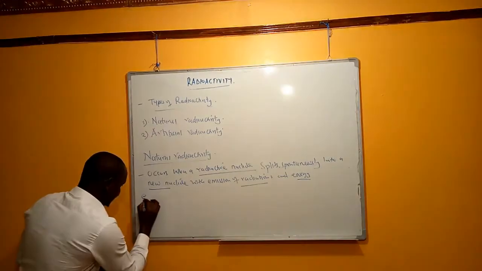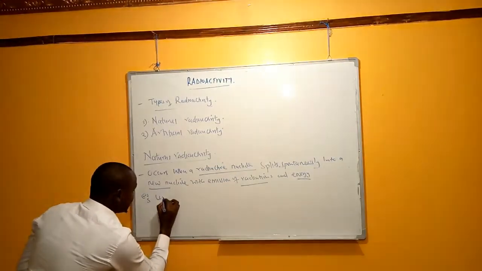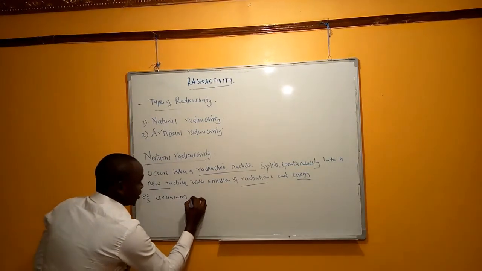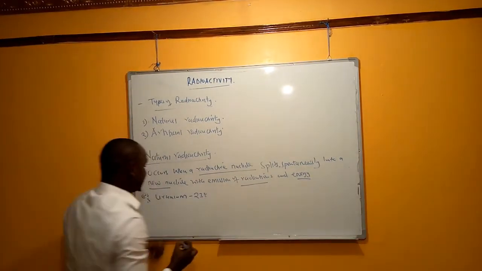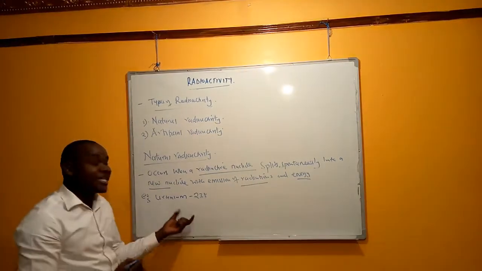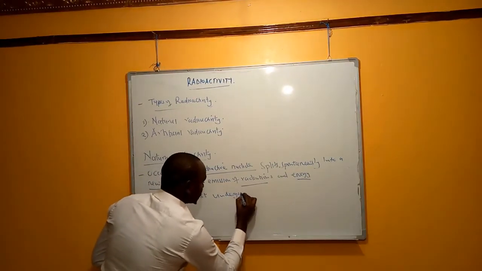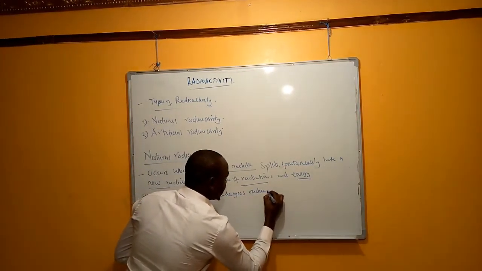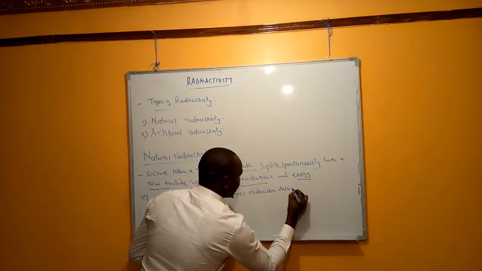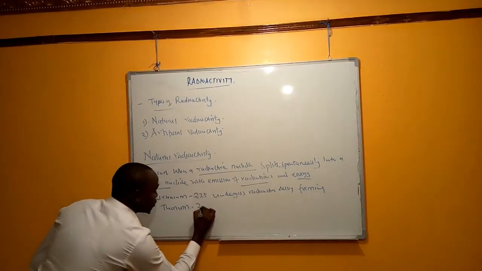For example, we have a radioactive nuclide called uranium-238. This uranium undergoes radioactive decay. It splits spontaneously, forming another new nuclide called thorium-234.